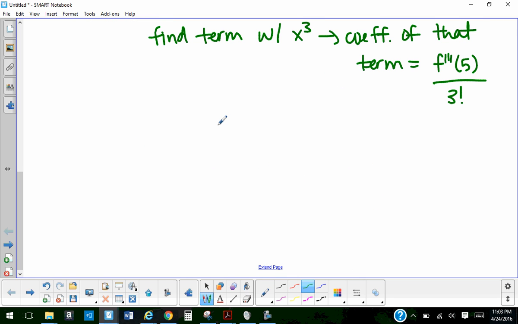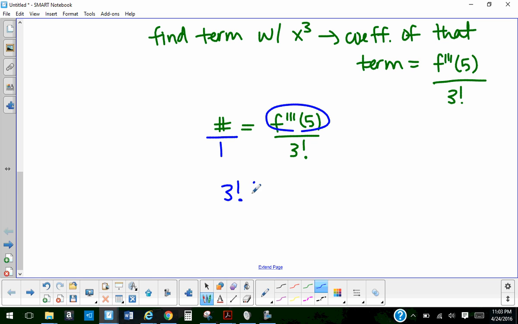So I could find that number, set it equal to the triple derivative of 5 over 3 factorial, and this is what I'm trying to find. So algebraically, I could think about that number over 1, cross multiply to get 3 factorial times whatever that number is, and then come up with f triple prime of 5. So that comes up quite a bit.